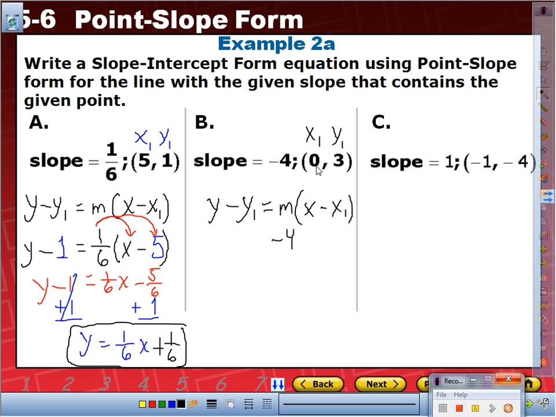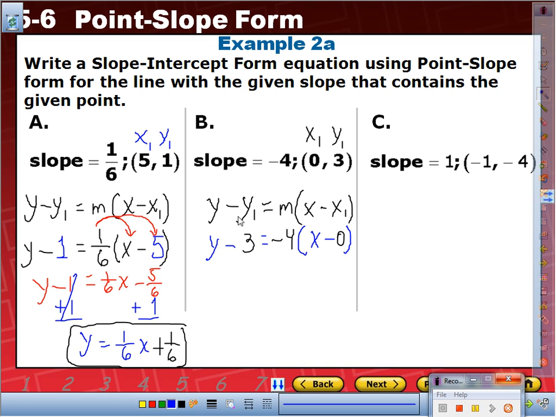And what goes there? 0. What is y sub 1? 3. And that goes right there. So therefore, bring everything else down. We got y, the minus, the equal, parentheses, the x, minus, parentheses. Hands if you're up to right there so far. Okay? So now, let's recap.